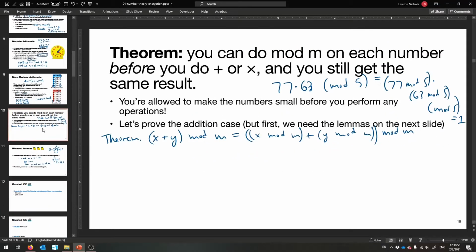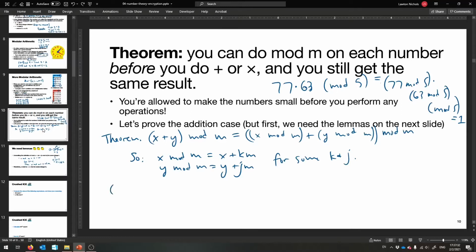All right, so let's see here. x mod m equals x plus km, and y mod m equals y plus jm. And this is for some k and j, which are integers. We have that. Let's plug that in, because we have an equality right now.